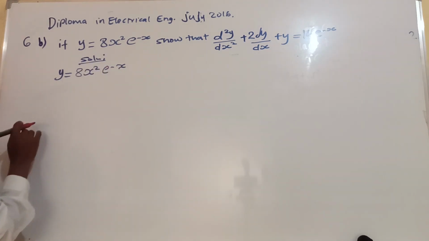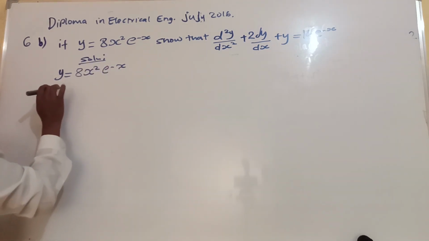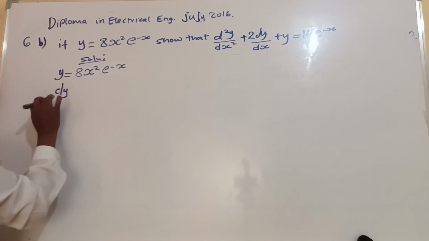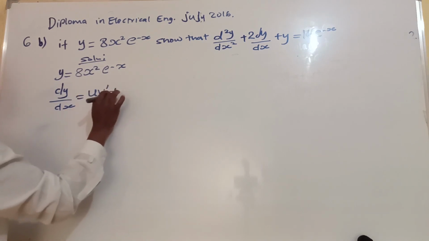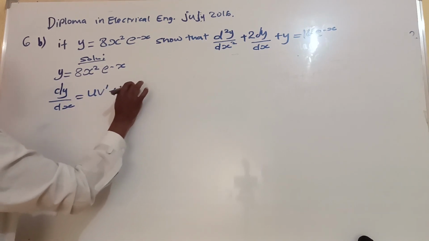So notice the method of differentiation we should use is product rule, so that dy dx is u v prime plus v u prime.